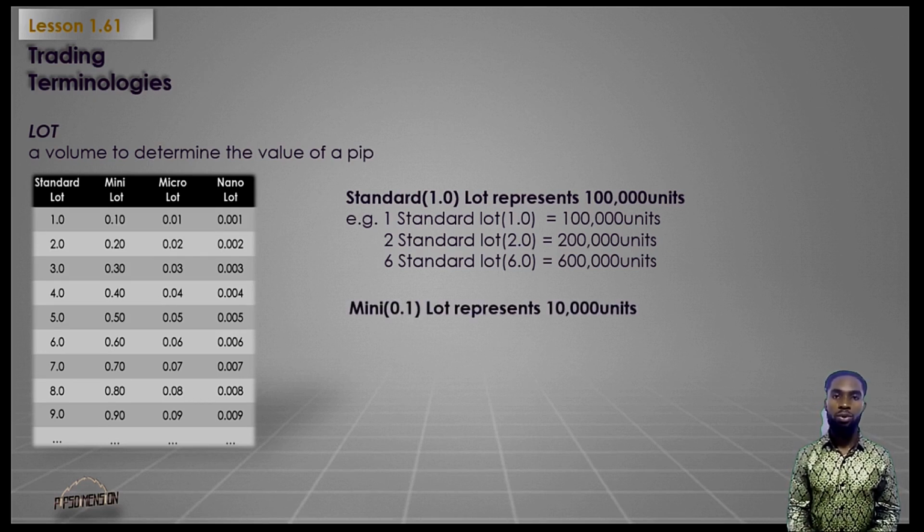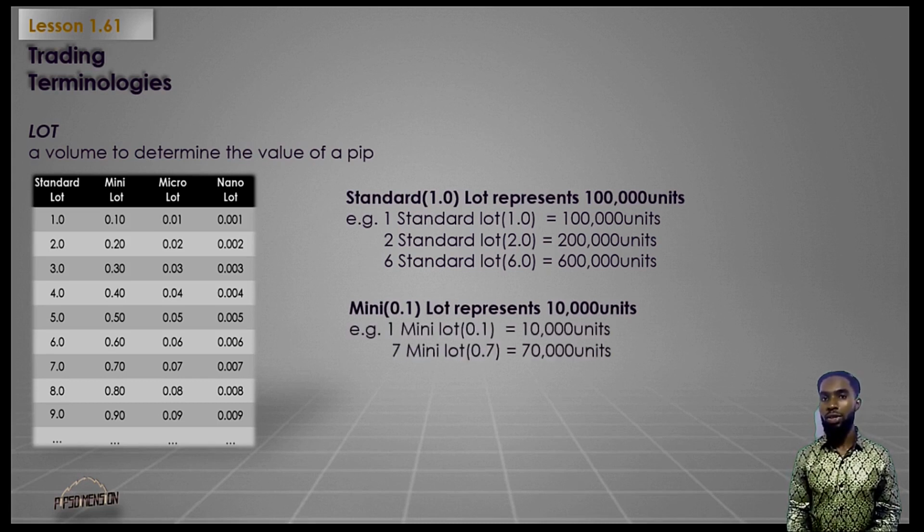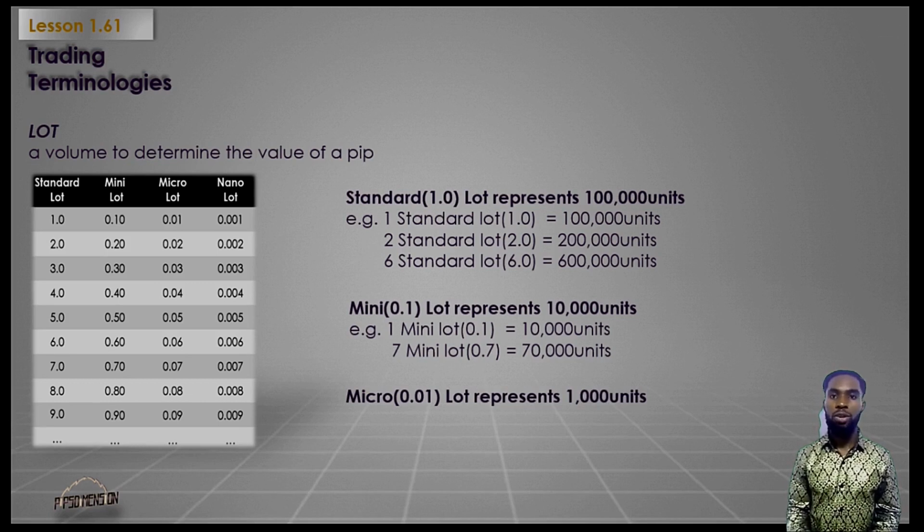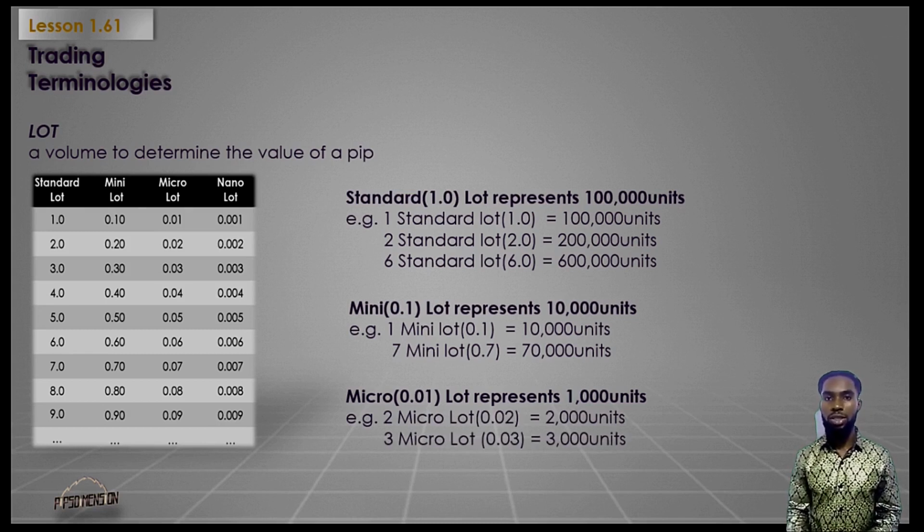For example, 7 mini lots represent 70,000 units. And we have the micro lot sizes, which represent 1,000 units. For example, 2 micro lots represent 2,000 units. 3 micro lots represent 3,000 units.